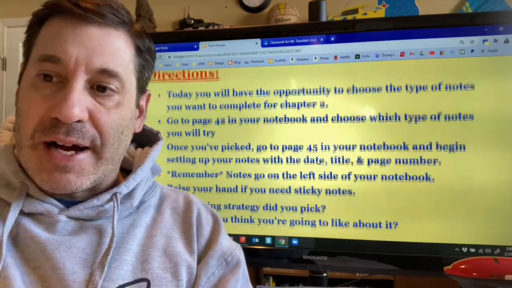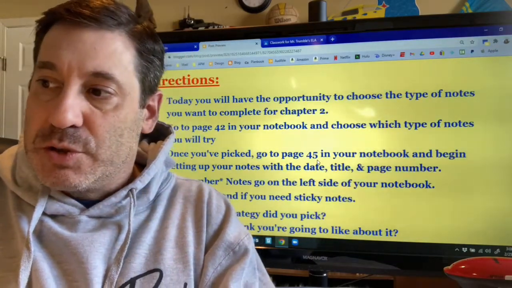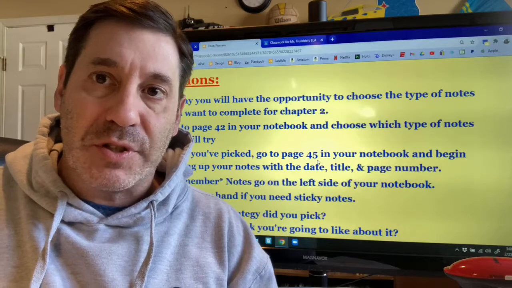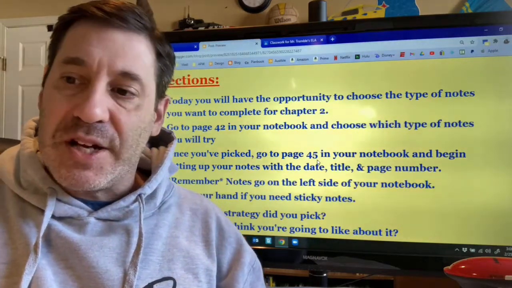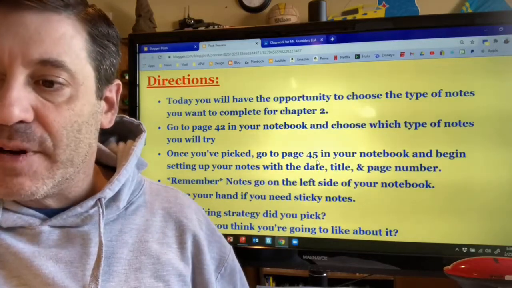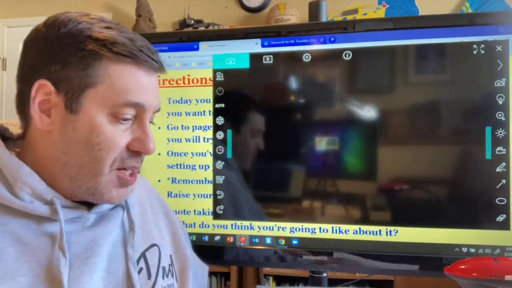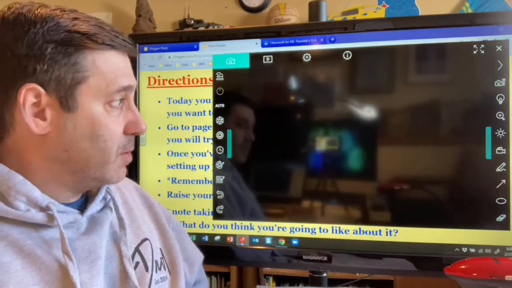So here are the directions for you guys. First, today, you're going to have the opportunity to choose what type of notes you want to complete for Chapter 2. So, go to page 42 in your notebook and choose what type of notes you will try. So here, I have to go to page 42 in my notebook.